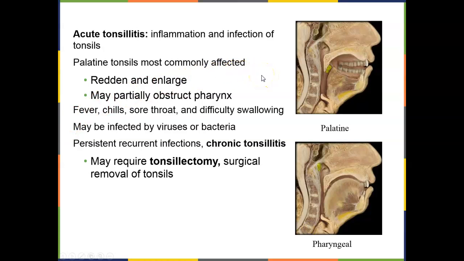So tonsillitis is an inflammation of the tonsils. Typically, it affects the palatine tonsils and sometimes the adenoids, or yeah, the pharyngeal tonsils, which are then called the adenoids. If you have tonsillitis multiple times, they oftentimes will remove the palatine or pharyngeal tonsils to decrease the potential for infection.